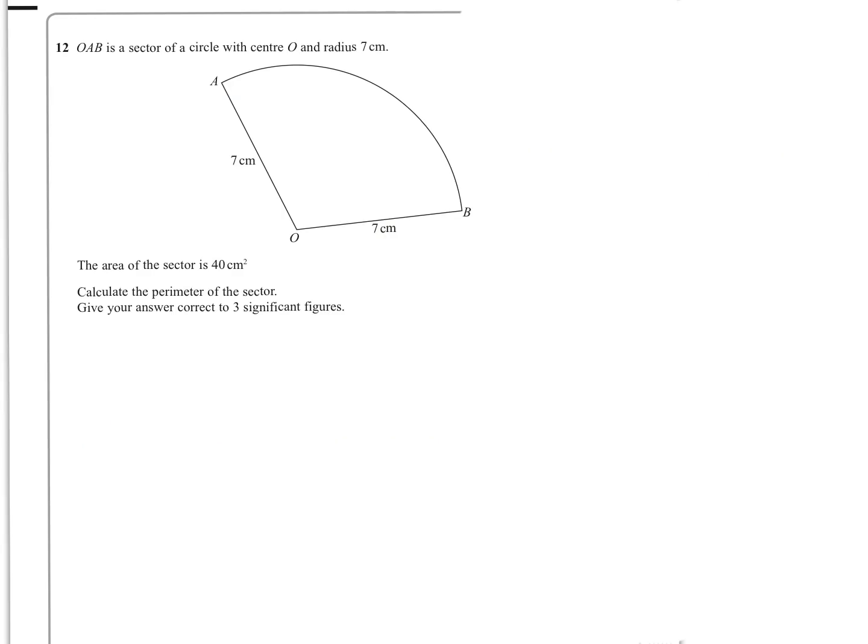Question 12. AOB is a sector of a circle with centre O and radius 7, and it says the area of the sector is 40 centimetre squares. The area of a sector is like the area of a circle, but we need to know what fraction that angle is out of a whole turn, because a whole turn would just make a circle, and then we just do the area as normal.